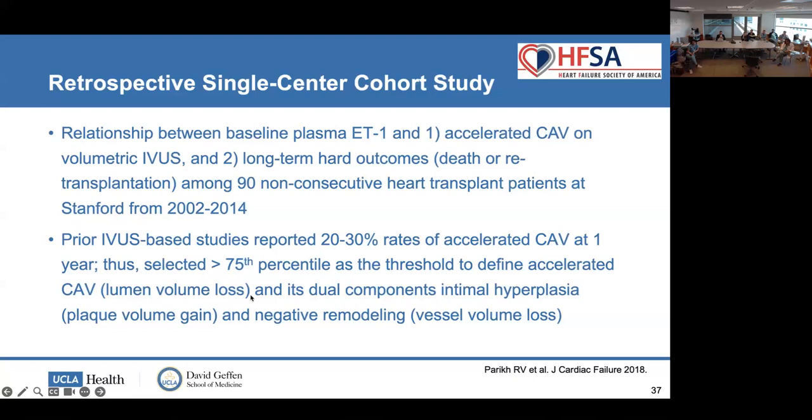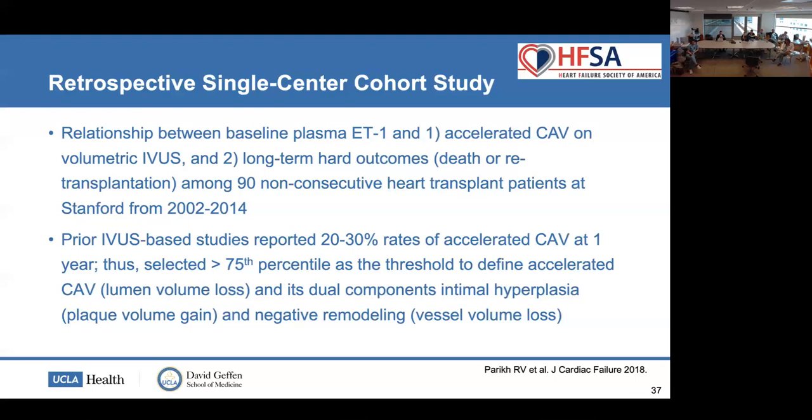So I used this study and the animal data to receive a grant from the HFSA, and did a retrospective single-center cohort study looking at the relationship between baseline endothelin and accelerated CAV on volumetric IVUS and long-term heart outcomes after transplant among 90 non-consecutive heart transplant patients at Stanford from 2002 to 2014.